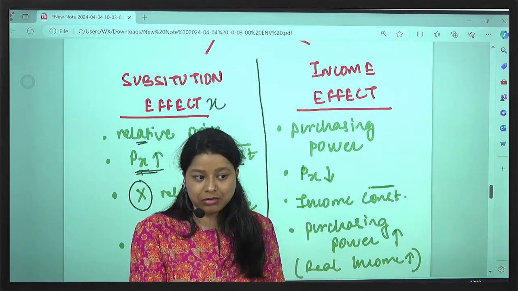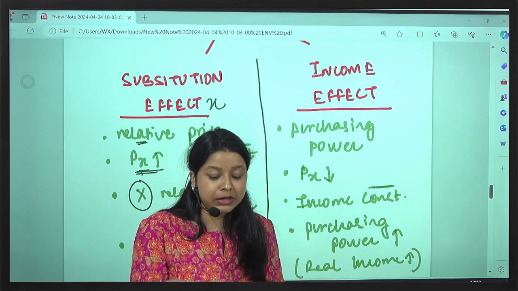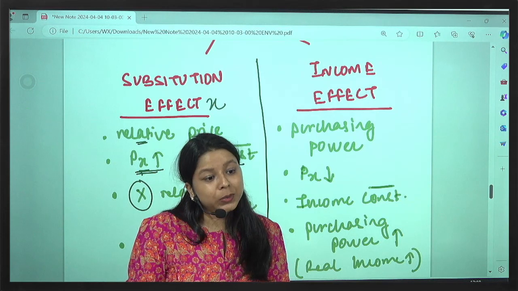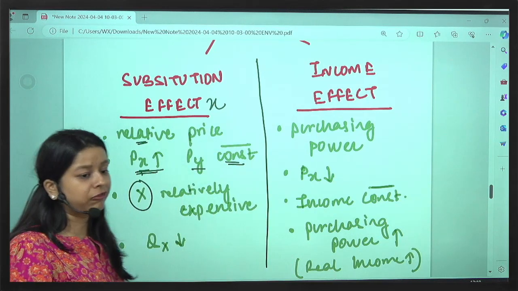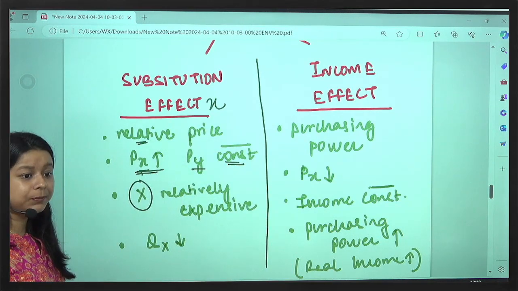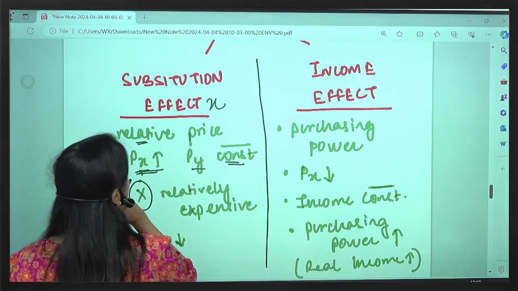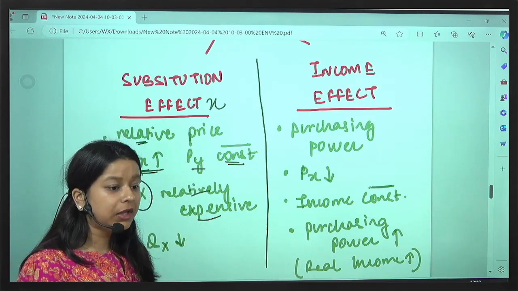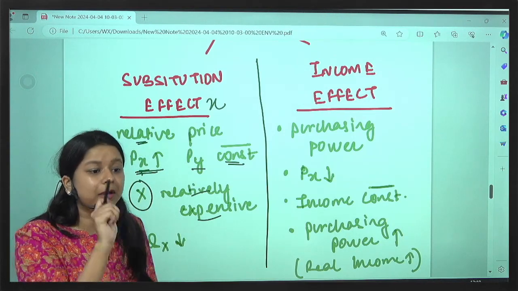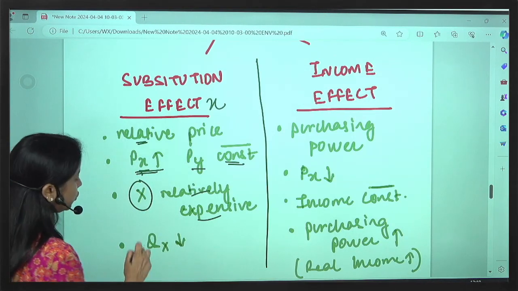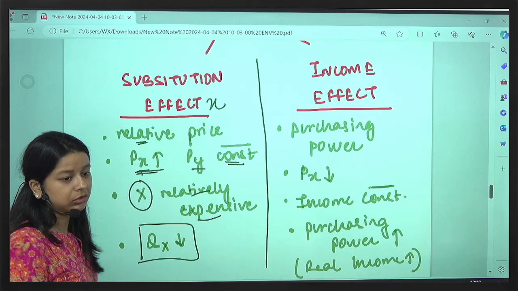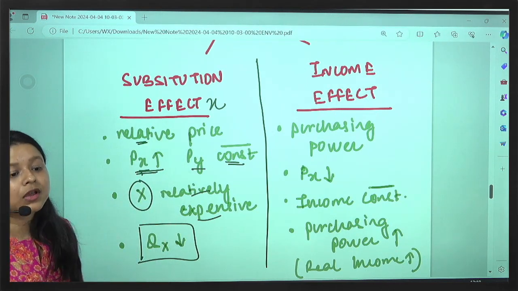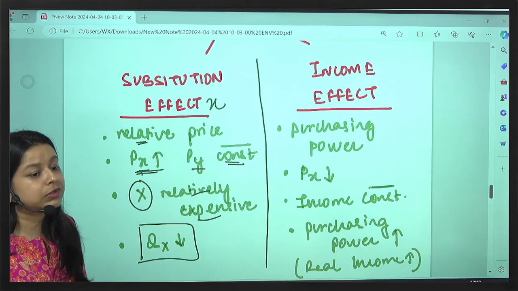You will think that, okay, mangoes have become relatively expensive to the other goods which I am consuming. You will consume less of mangoes because mangoes have become relatively expensive, and once it has become relatively expensive, you will reduce the consumption of mangoes. Quantity demanded of mangoes goes down.